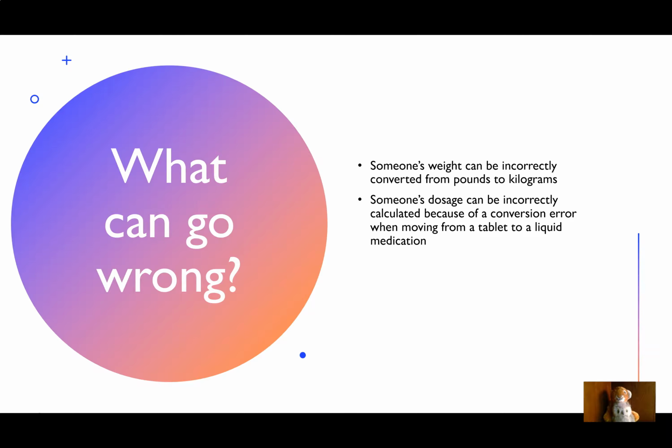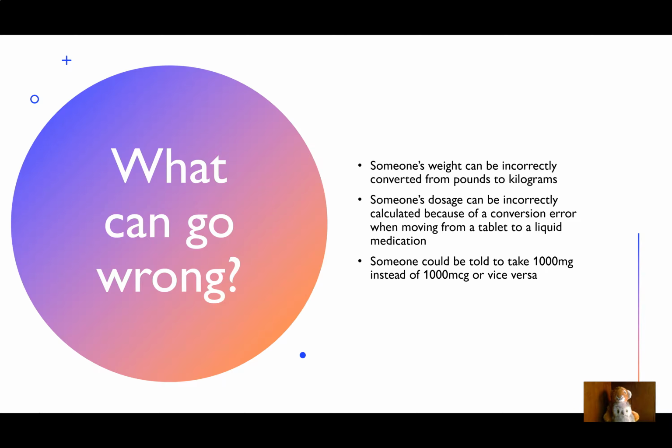Another problem is that someone's dosage can be incorrectly calculated because of a simple conversion error. This could happen just if you're taking the same medication, but you're moving from a tablet to a liquid. And finally, someone could be told to take 1,000 milligrams instead of 1,000 micrograms, or vice versa.